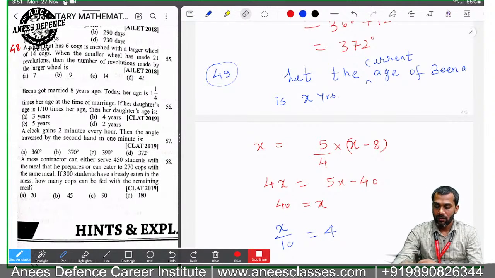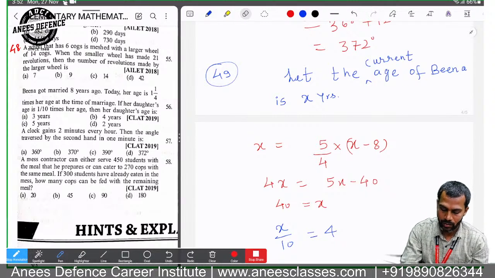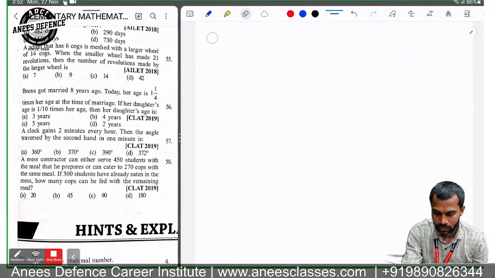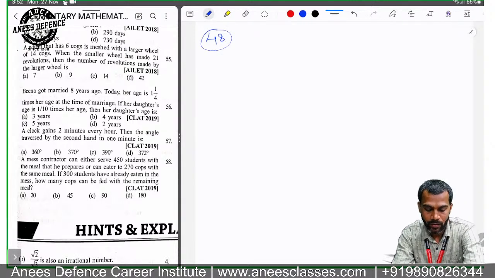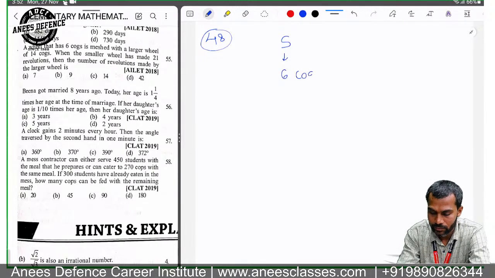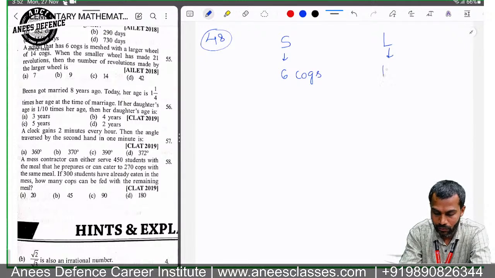See, let me draw the diagram. Suppose we have question number 48, right? Suppose this is the smaller wheel having how many cogs? 6 cogs. And this is the larger wheel having 14 cogs.